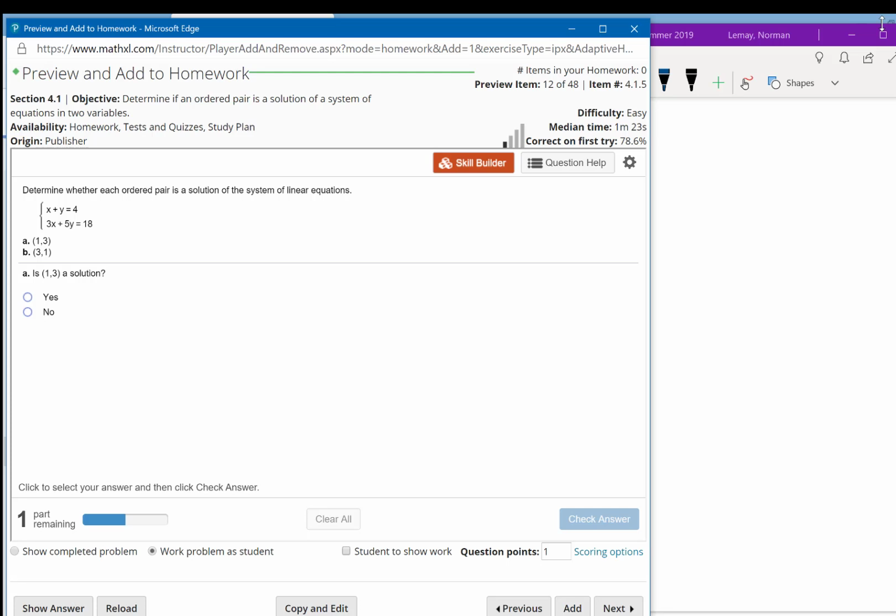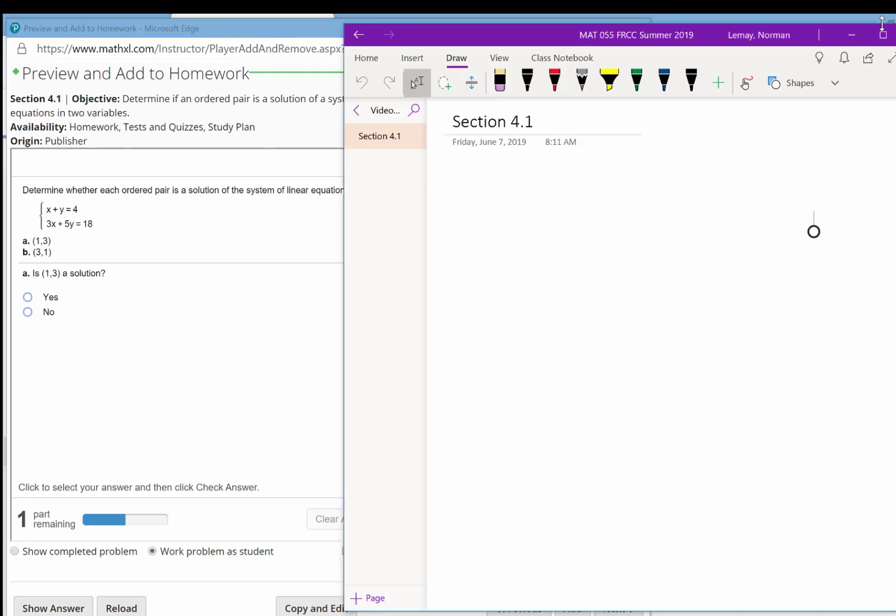So in each one of these videos, we will be talking about methods of solving along with the geometry of the lines. So in this case, what we'd like to do is to check and see, given these two points, 1, 3 and 3, 1, if when I substitute these back in, they will solve these two equations. So for the first one, we have the point 1, 3.